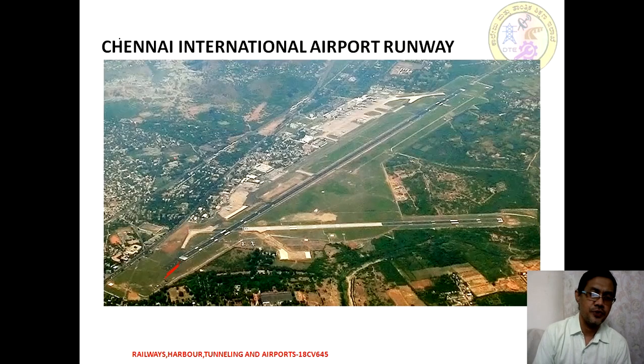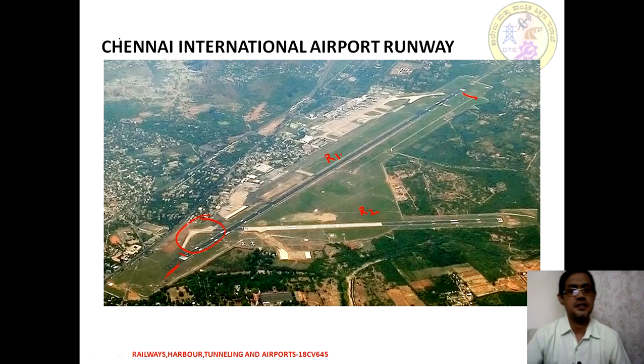So that is the stopway, then the runway center line, aiming point, touchdown area, and we can see something taking a diversion here, that is the taxiway. In this we have two runways, runway 1 and runway 2. This is the additional safety area or the stopping area. This has been done to handle the traffic for maximum operation.